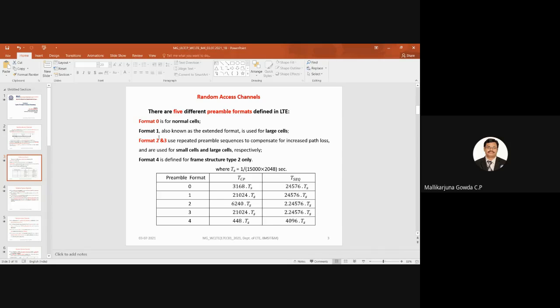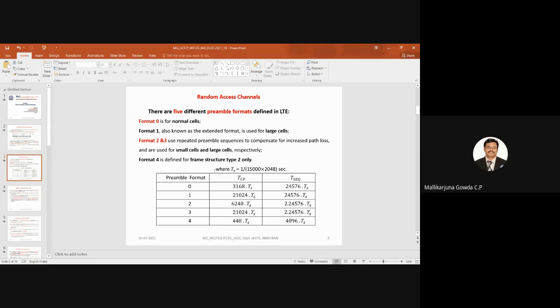Means format 2 is used for small cells and format 3 is used for large cells. Then format 4 is defined for frame structure type 2 only. We have 2 different types of frame structures, right? Type 1 and type 2. Type 1 is FDD type and type 2 is TDD type. So format 4 of this preamble format of the random access channel is used for TDD.